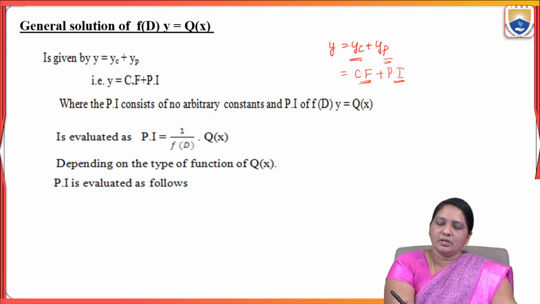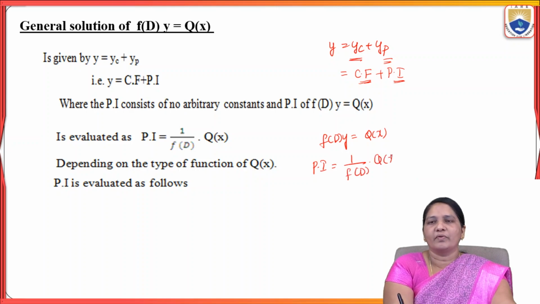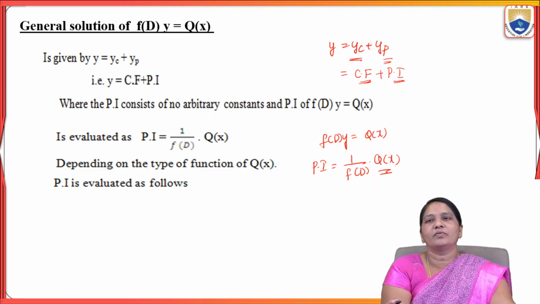Here we can denote the complementary function with yc and the particular integral with yp. From the given equation form f of D into y equal to Q of x, we can calculate the particular integral, that is 1 by f of D into Q of x. In this Q of x, we can have different values.